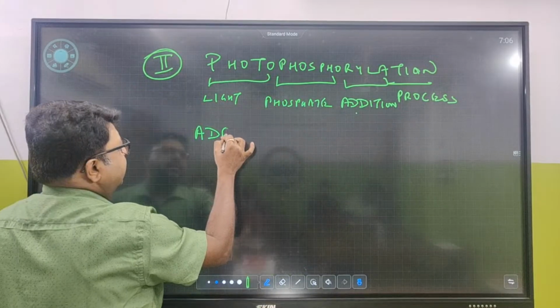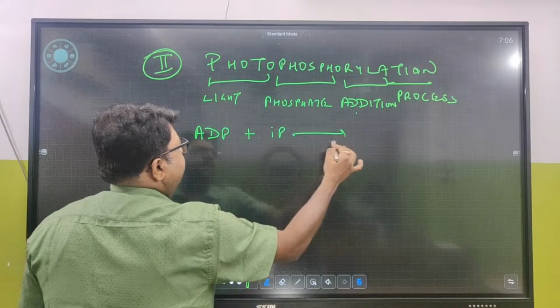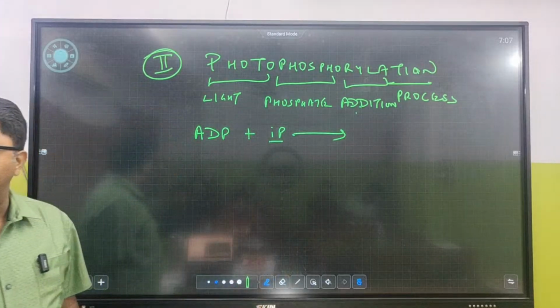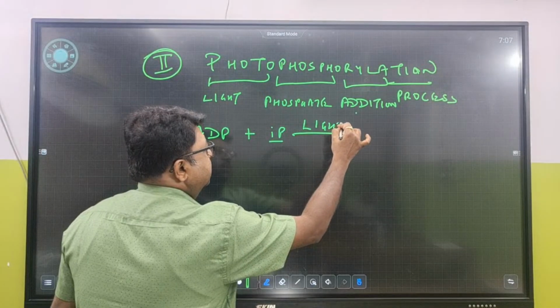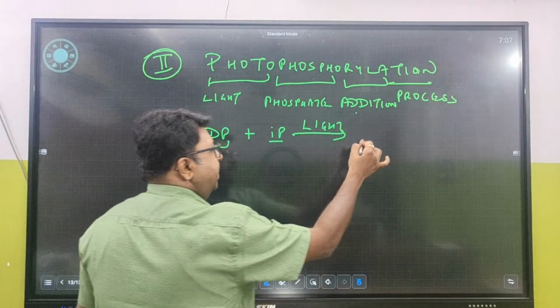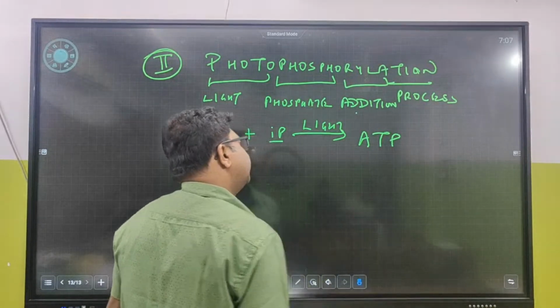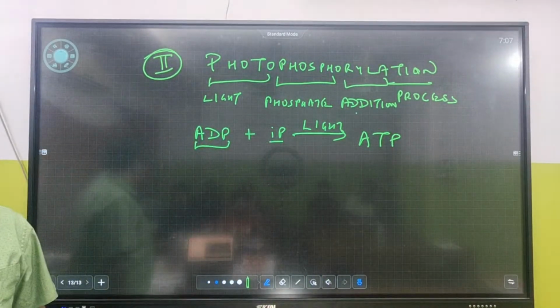What is that something? The addition of inorganic phosphate in presence of light with adenosine diphosphate makes ATP. This is the first process.